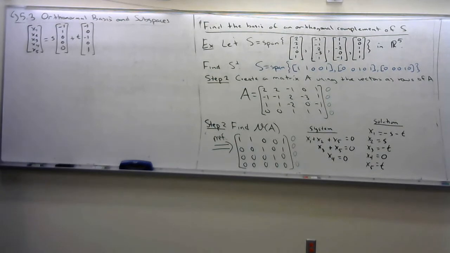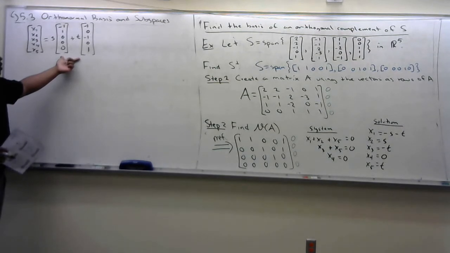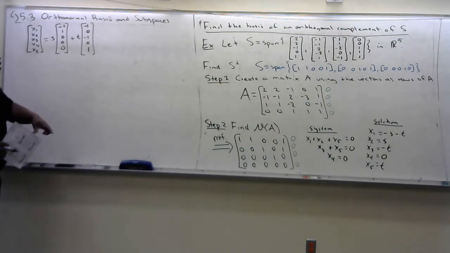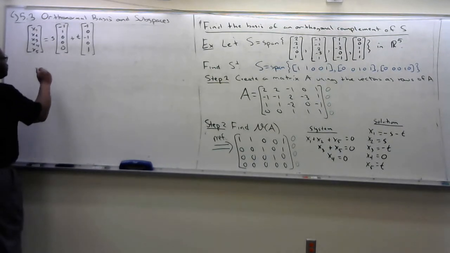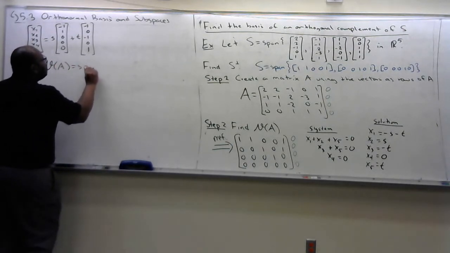And so my null space is a plane in R5. It's a plane in R5. And my vectors for the null space of A are going to be the span of these two vectors.